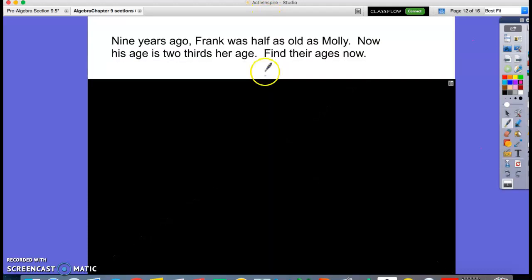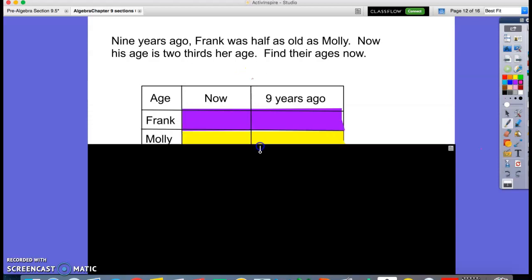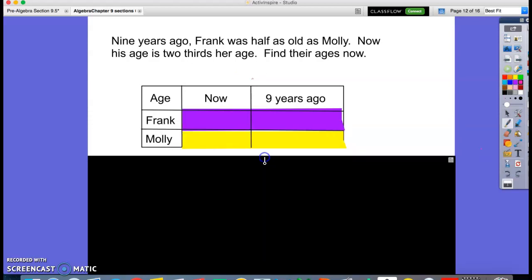says 9 years ago, Frank was half as old as Molly. Now his age is 2/3 her age. Find their ages now. So we don't know their ages now, right? So those are my variables.